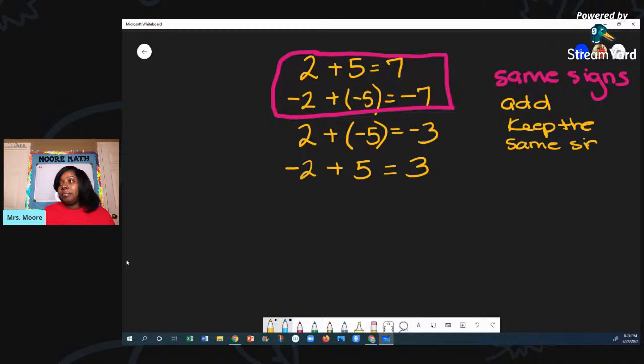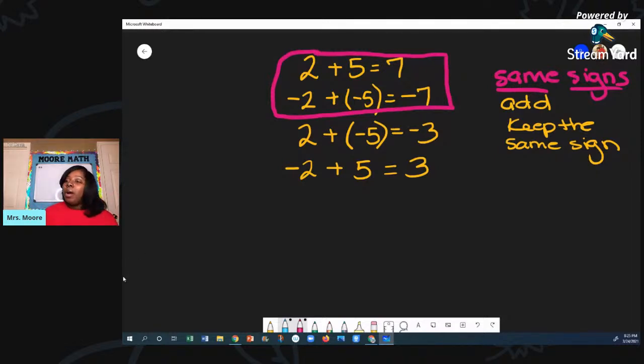I see that: 3 plus 4 is 7. 5 plus 5 is 10. Negative 5 plus negative 5, I would have 10 negative chips. 8 plus 5, 13, you get it.